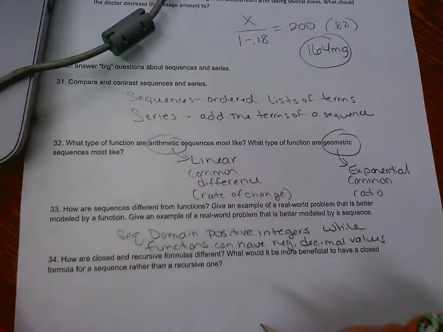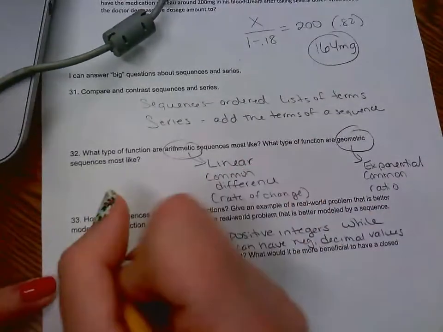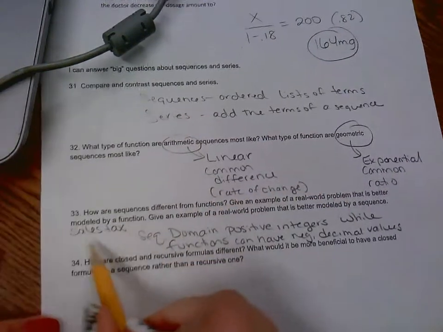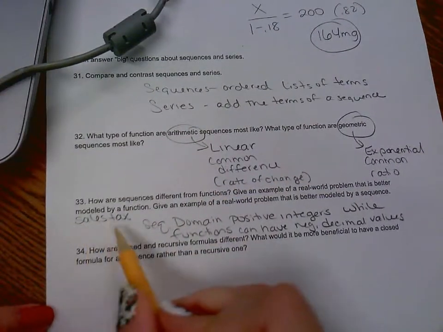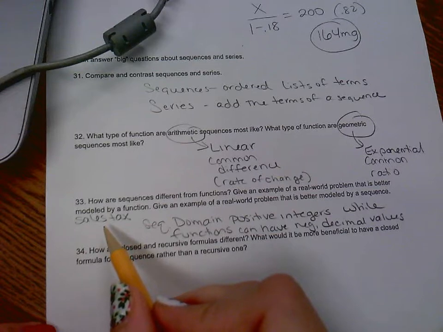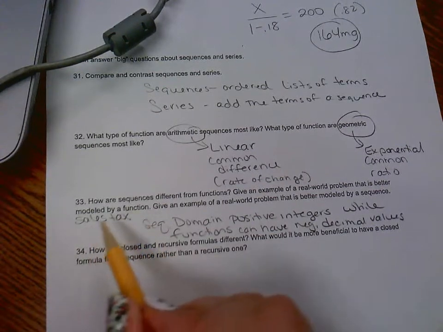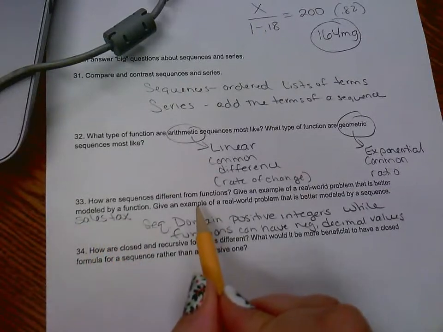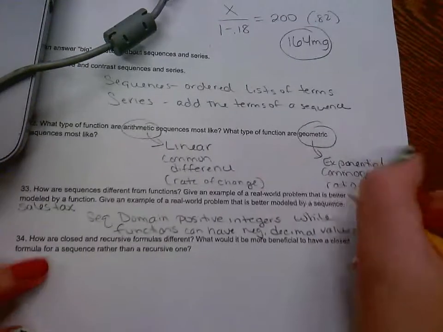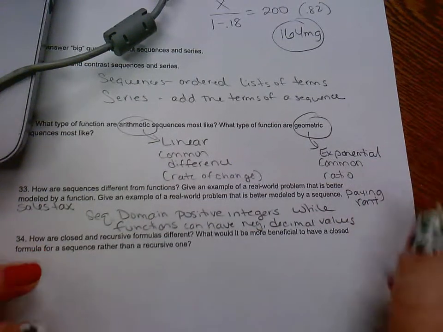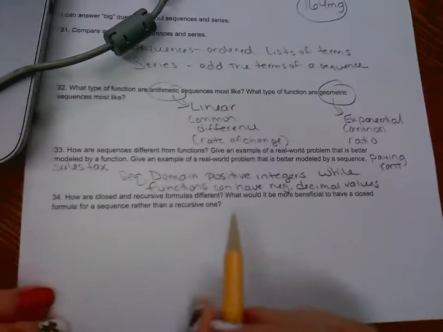How about sales tax? Right? You can plug any amount in and calculate the sales tax. So $4.80 or $8.90, you can calculate sales tax. It's a linear function. Whereas a better modeled by a sequence, how about paying rent? Right? Paying rent each month, right? There's no halfway rent usually.